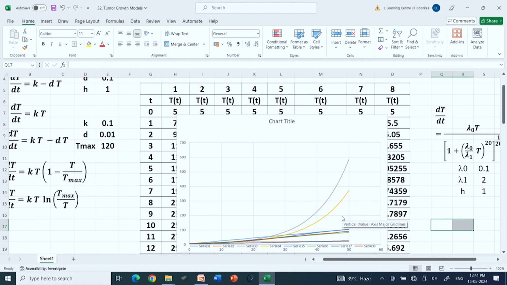So, what the scientists do is that they get data for a particular kind of tumor. It can be a tumor of the brain, or the lungs, or the pancreas. So, all these sorts of data, once they plot it, they look for a function that will match those data.